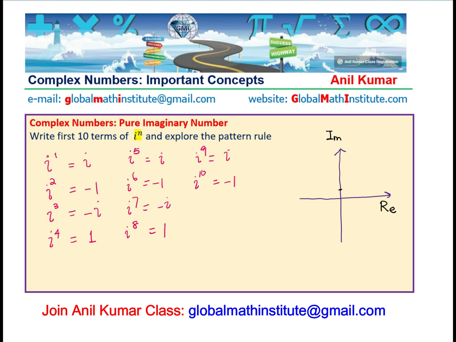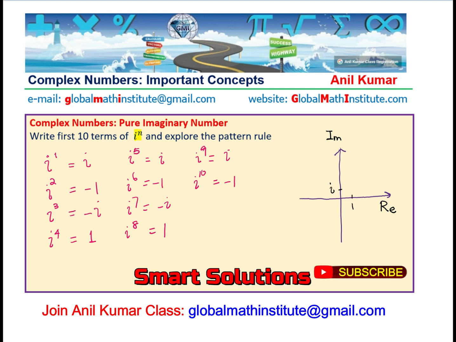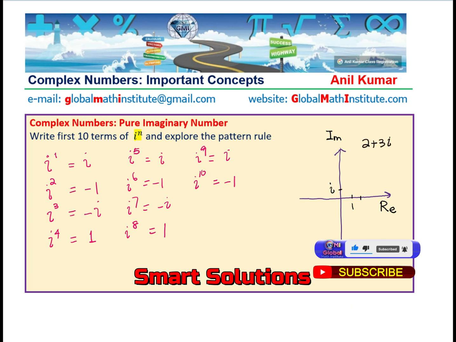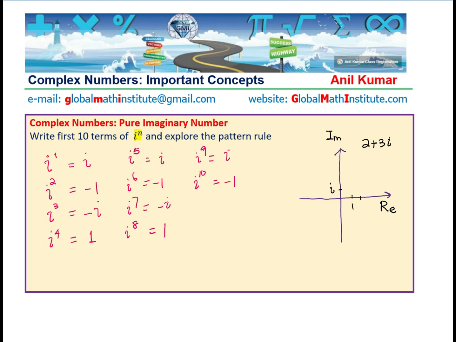The unit here will be i along the y axis and 1 along the real numbers. So let's say we have a number which is 2 plus 3i. In that case, 2 is along the real axis. 3 times i means 1i, 2i, 3i. So we get a number right there.